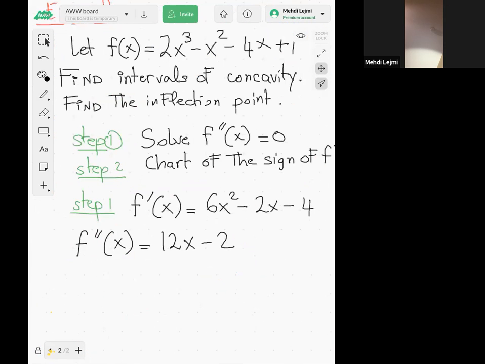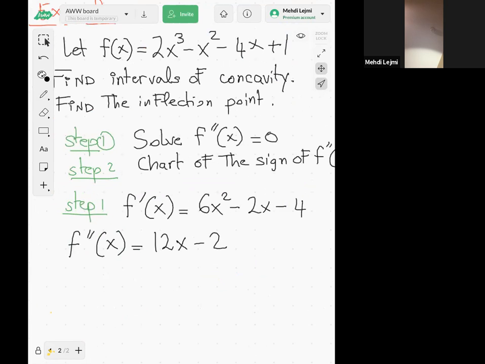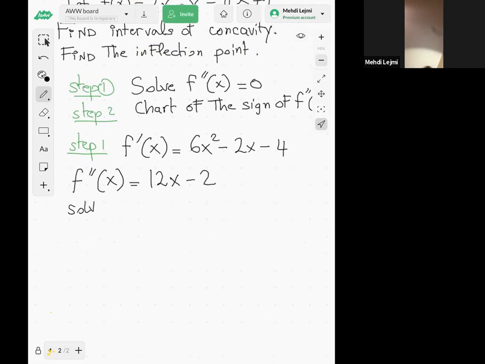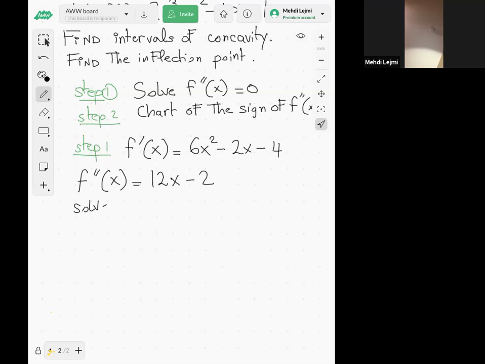All right, so here's my f second. I'm going to zoom out. Now I have to solve f second of x equal to 0. So that's 12x minus 2 equal to 0.